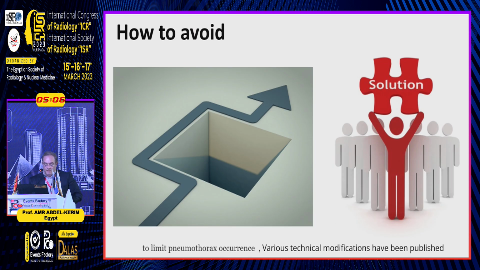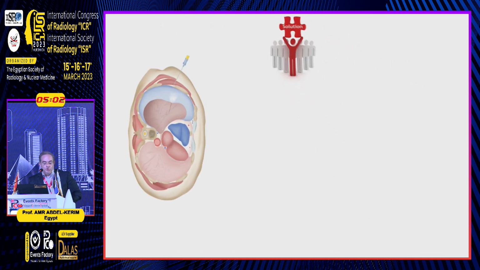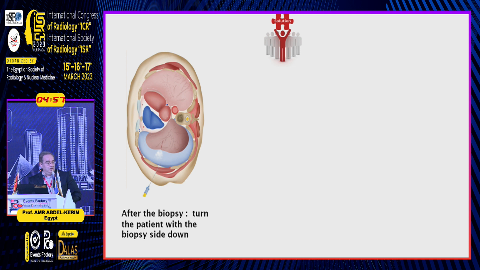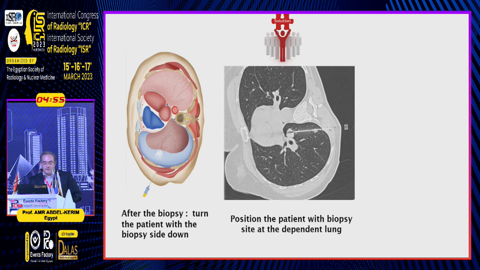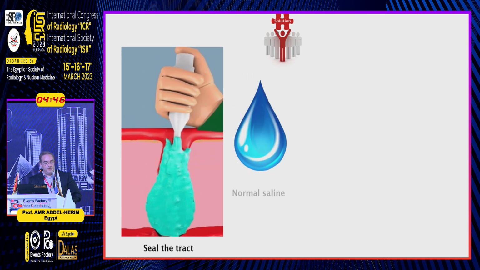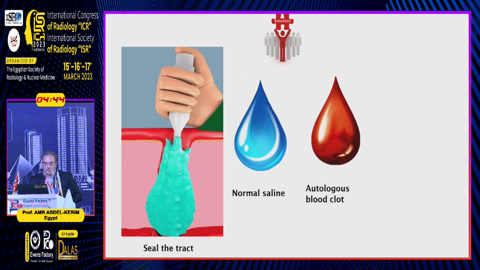To limit this risk, various technical modifications have been published, either to put the patient down after completion of the biopsy, or to put the biopsy site from the beginning at the more dependent lung, or simply to seal the tract, either with a droplet of saline, autologous blood clots, or gel foam slurry.